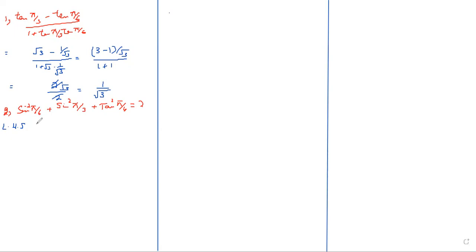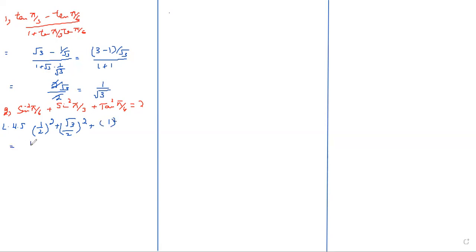So sine pi by 6 is 1 over 2, plus sine pi by 3 is root 3 over 2, this squared, plus tangent pi by 4 is 1.